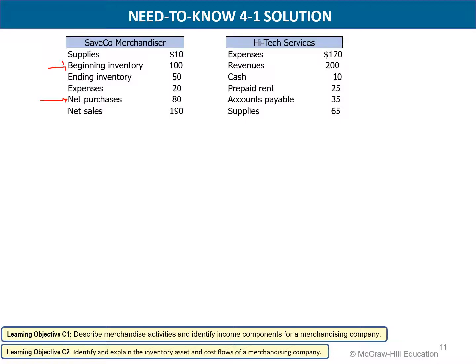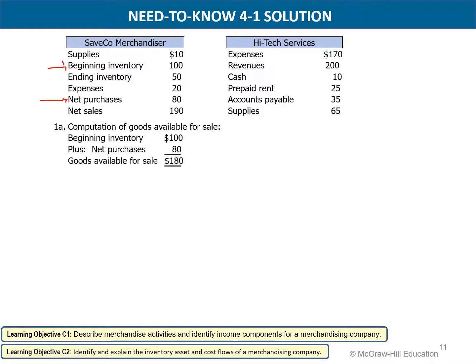So 100 plus 80 is 180. Then we said that goods available for sale is also equal to ending inventory plus cost of goods sold. So you can compute the cost of goods sold one of two ways.